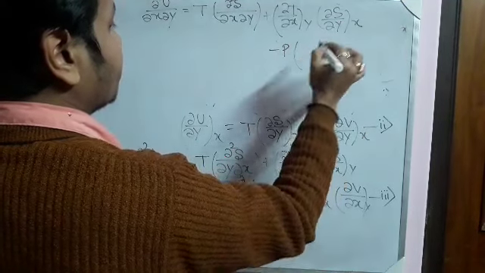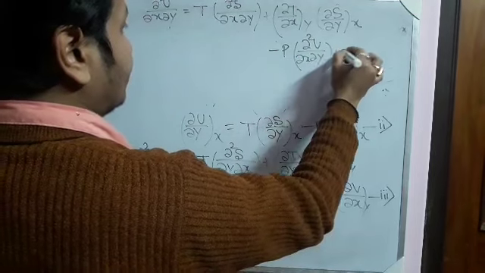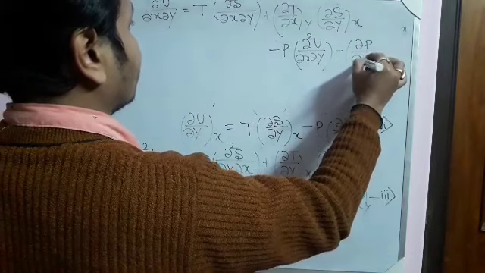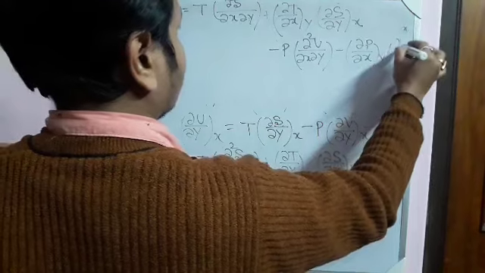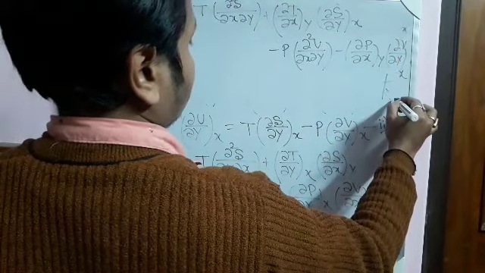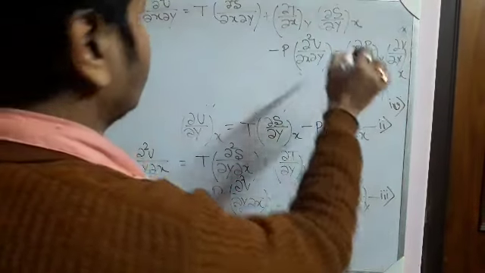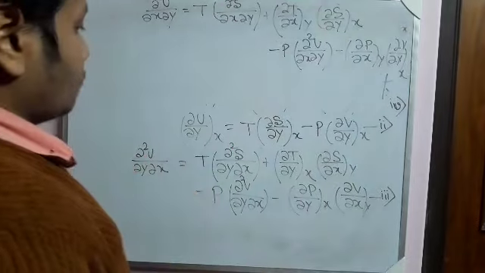This is minus p del 2v del x del y. This is del p del x y del v del y x. So this we get. Okay, so it's fine.